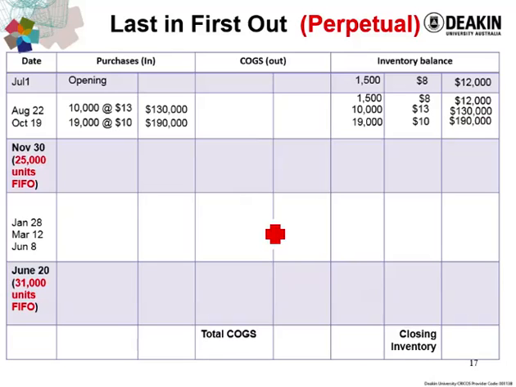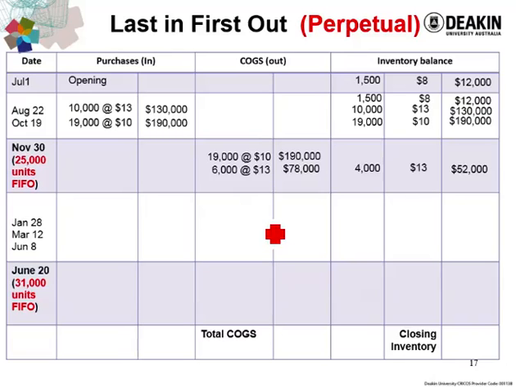So this gives us 3 lines for running balance. Then, on 30th November, 25,000 units are sold. Because it is last in, first out, the latest inventory are sold out first. So in the cost of goods sold column, in the middle column, we put 19,000 units at $10 each, and the remaining 6,000 units at $13 each.